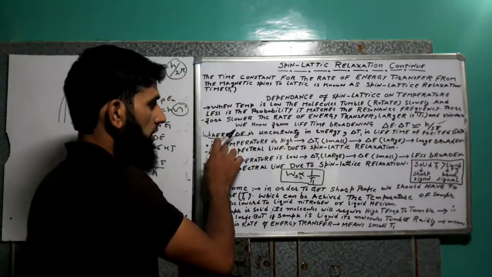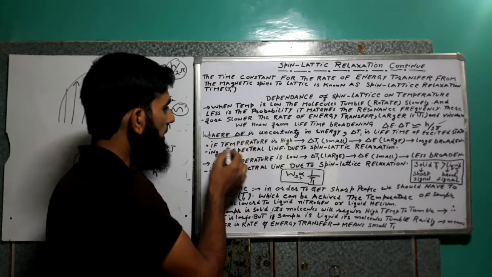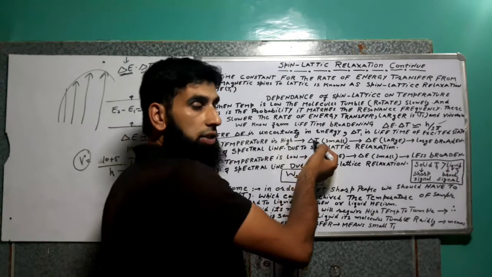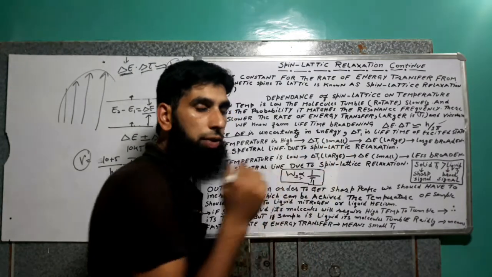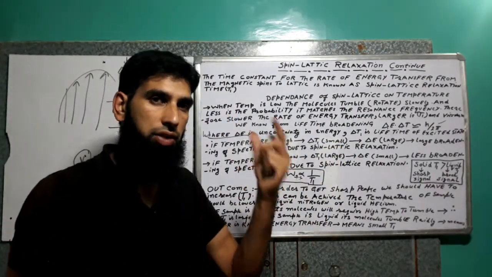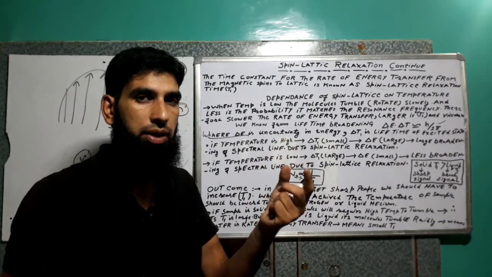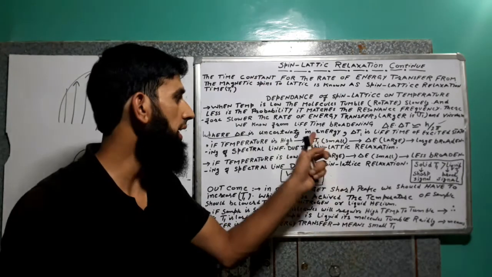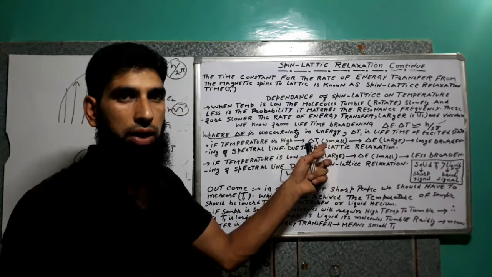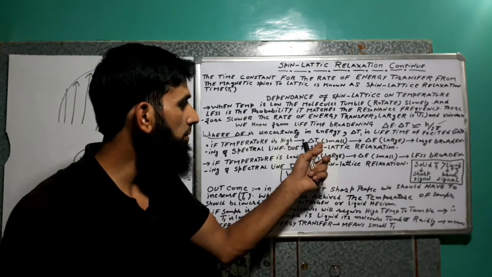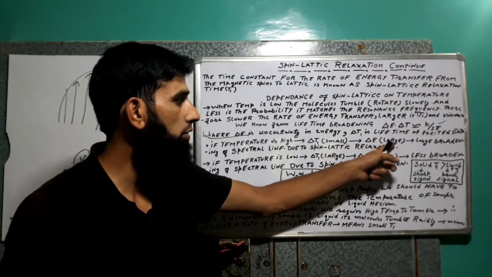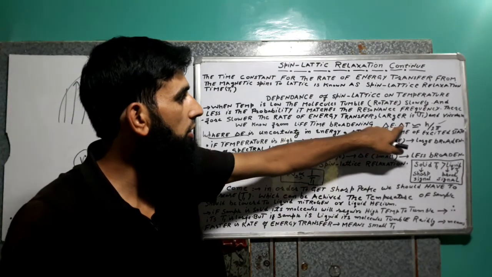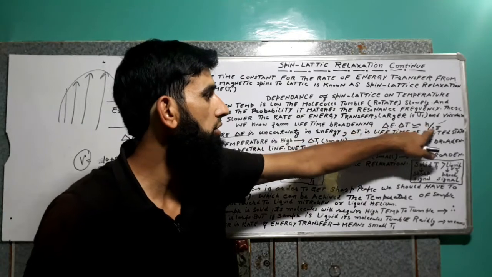Now keep in mind, if the temperature is high, the spin-lattice relaxation time ΔT1 should be small, because at higher temperature the molecules reach the lower energy state faster. When ΔT1 becomes small, ΔE has to become large, because the multiplication of these two quantities should equal h divided by 2π.